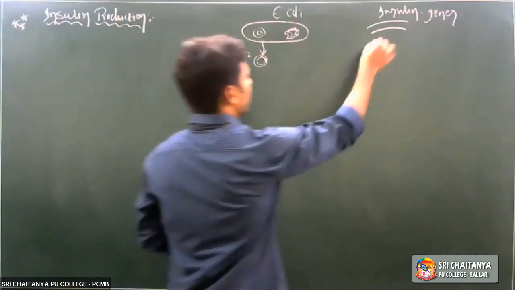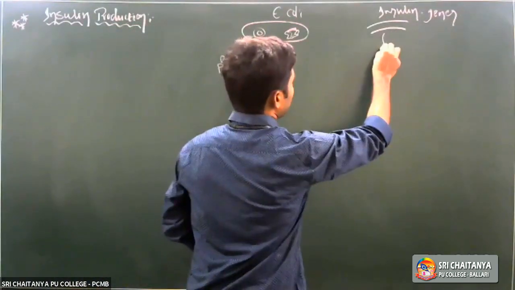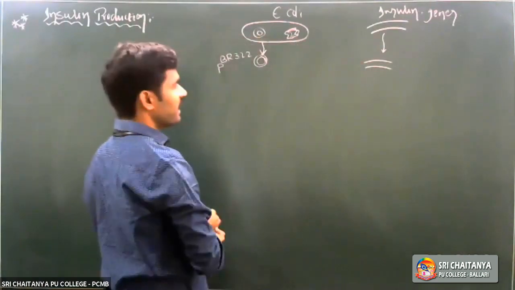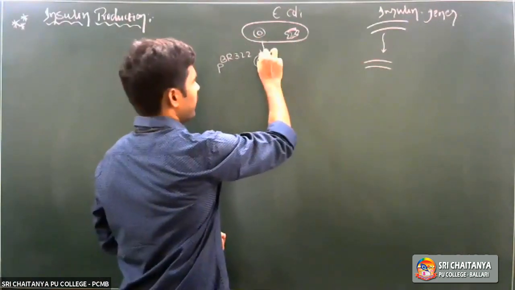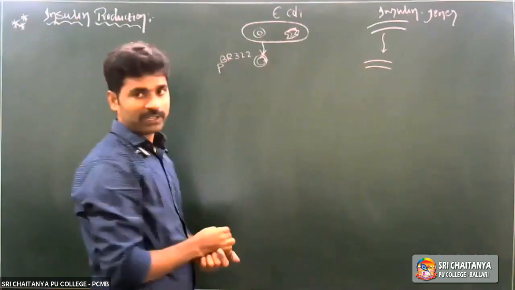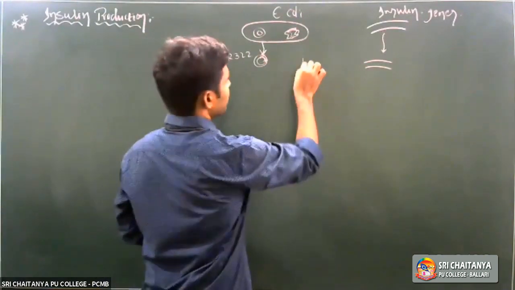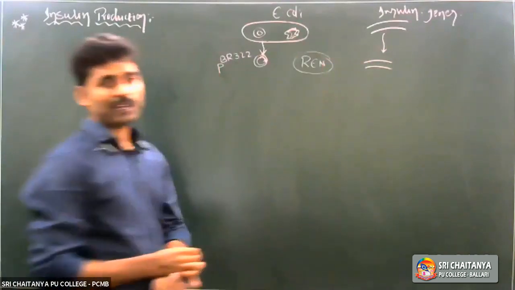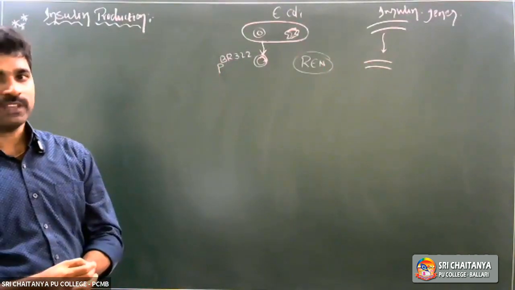Now the insulin encoding genetic material and the pBR322 vector are treated with the same type of restriction endonuclease enzyme.